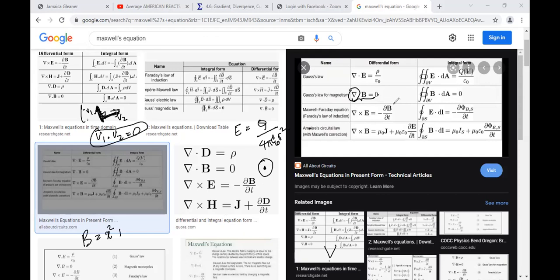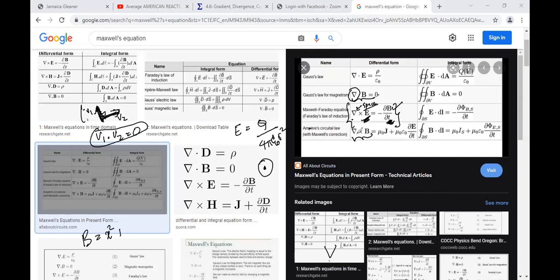The third law is what I've been saying, that if you take the cross product of the electric field, then you're going to end up with the magnetic field. Remember I said this del deals with space. You don't deal with time. But this one is saying that when you take the cross product of the magnetic field, then you're going to end up with the electric field.